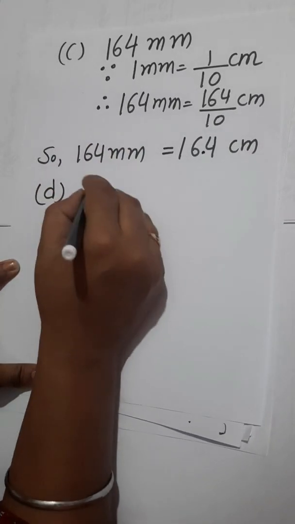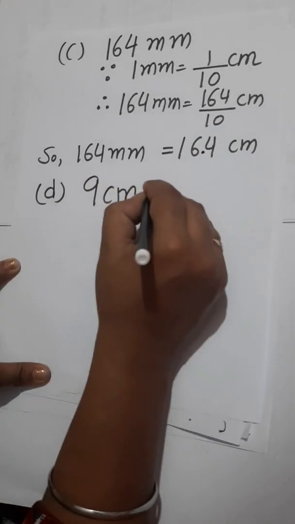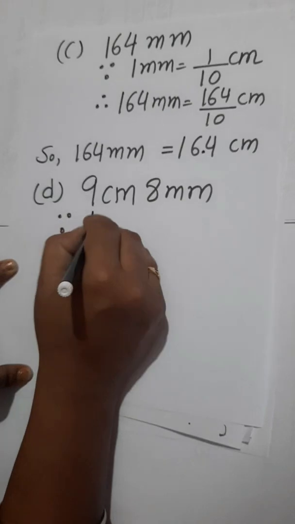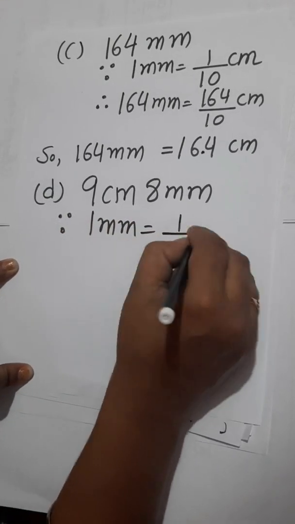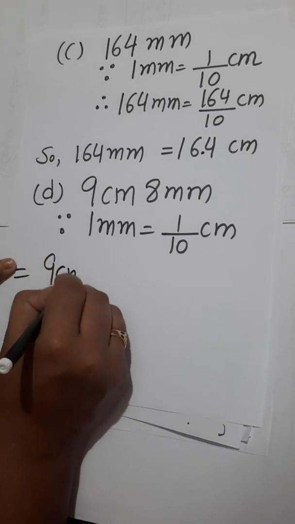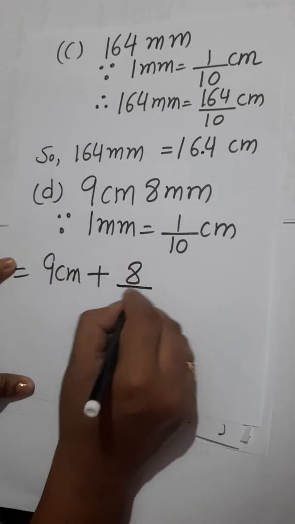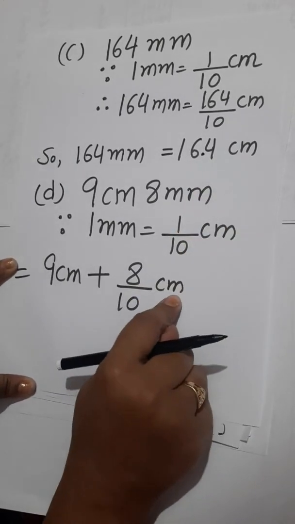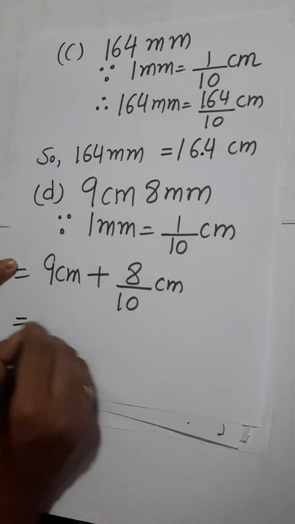Now next we have D part. 9 centimeter plus 8 millimeter. Again I will write since 1 millimeter is equal to 1 upon 10 centimeter. So this 9 centimeter as it is plus 8 upon 10 centimeter. Whenever you have to express millimeter into centimeter, just divide the given number by 10.